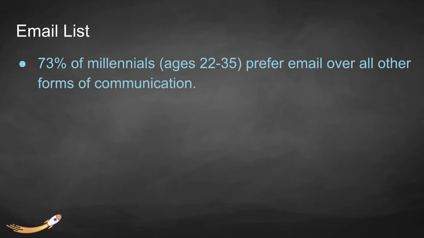These individuals amazingly prefer email over all forms of communication. So an email list is going to be great if you're selling products that target people in that age group.